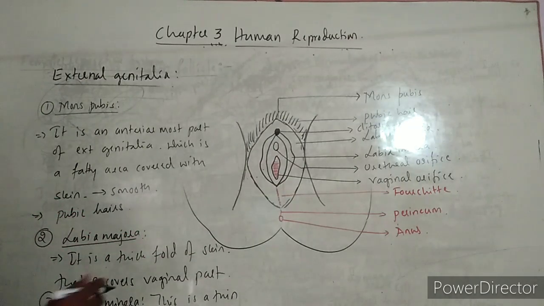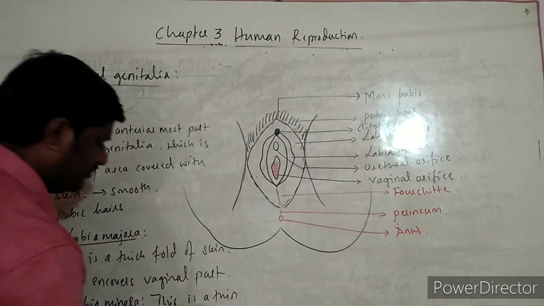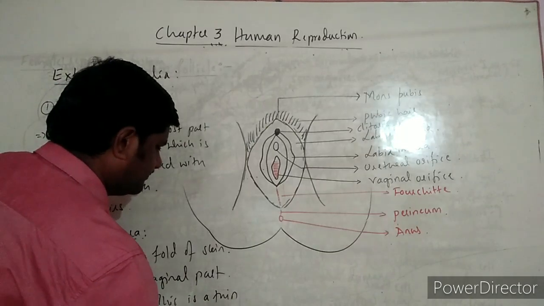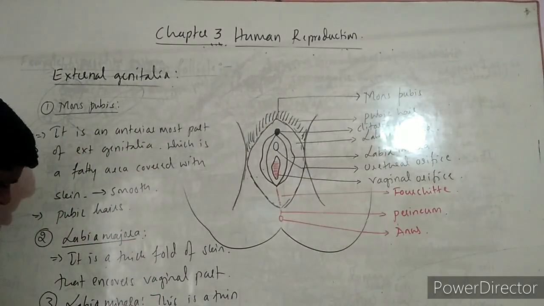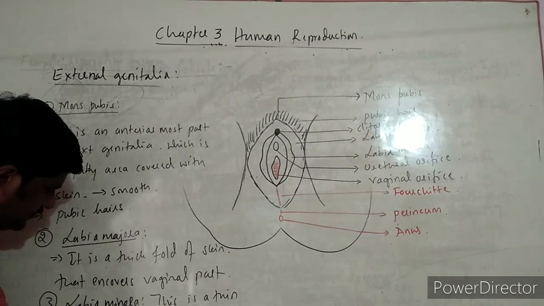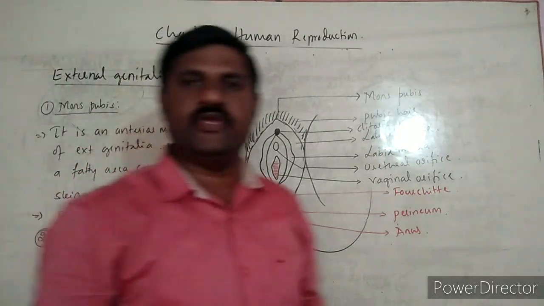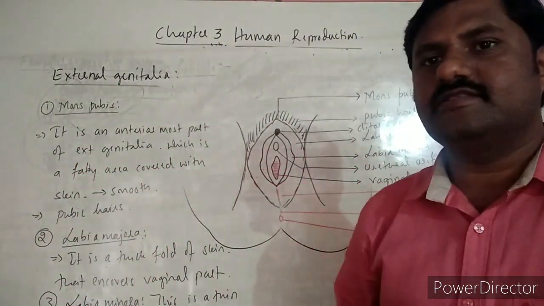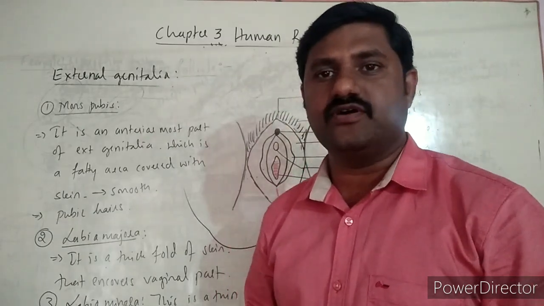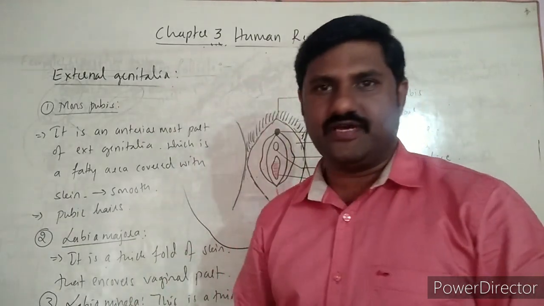So the fleshy fold of the skin that you come across, which lies inside the labia majora. So that thin fleshy fold of the skin is called labia minora, right?